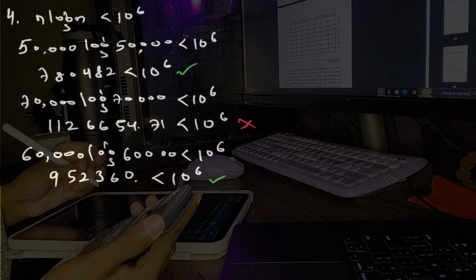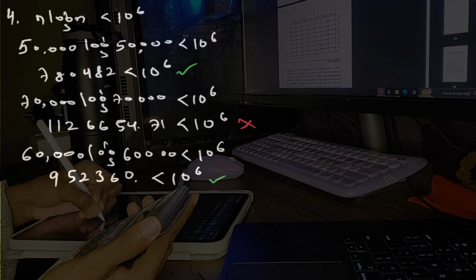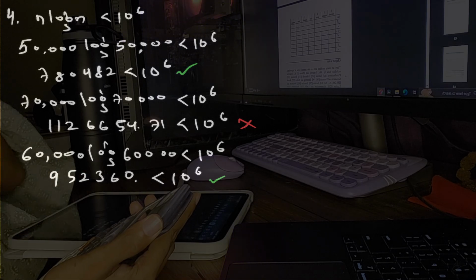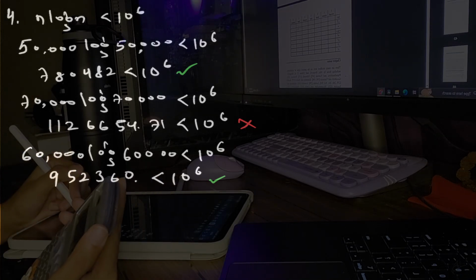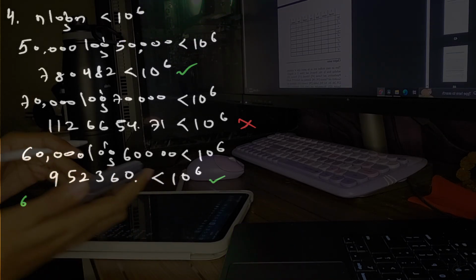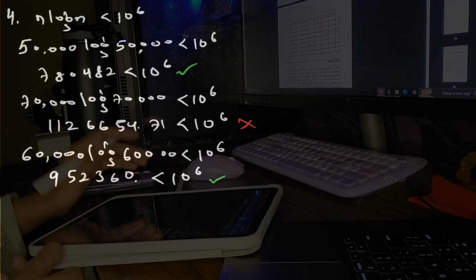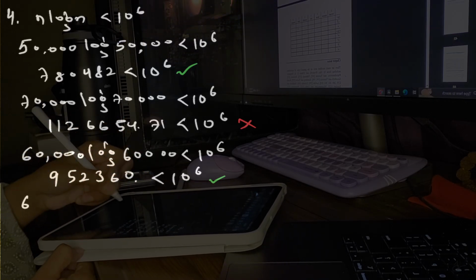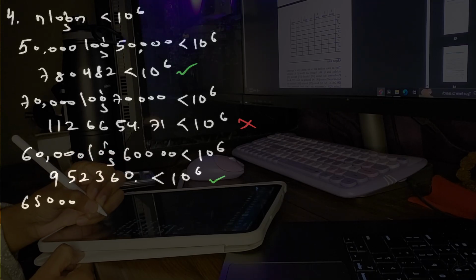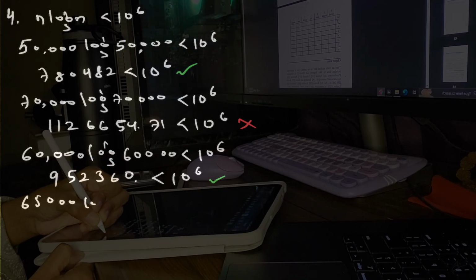So that means it has to be a value above it. Now between 60 and 65 we could take 65,000.